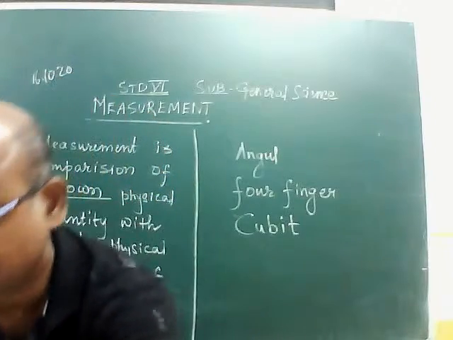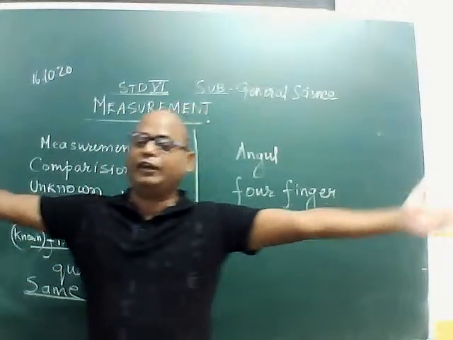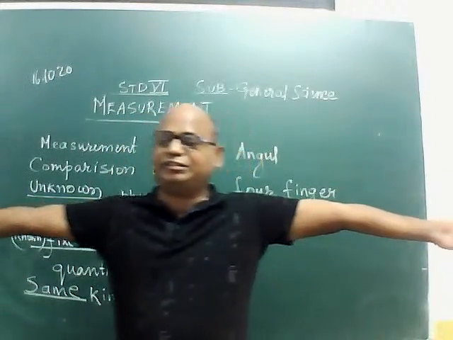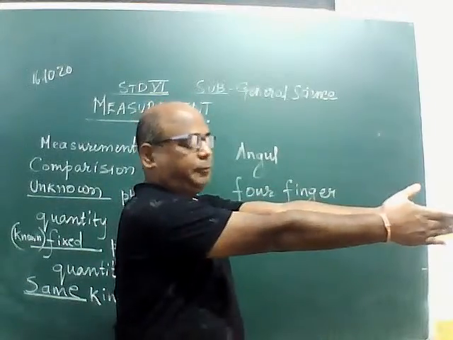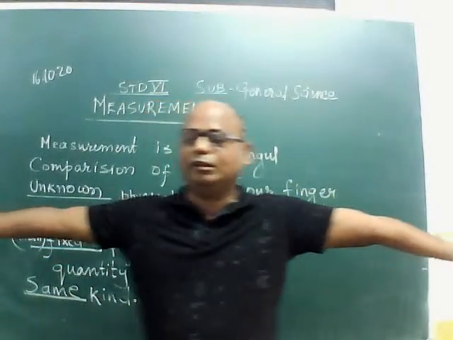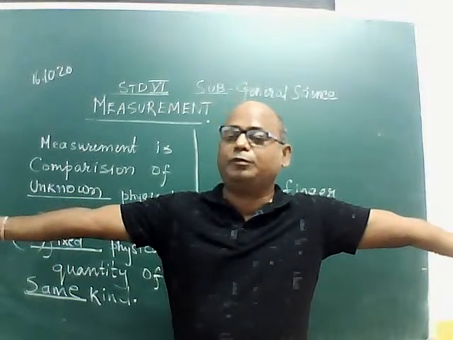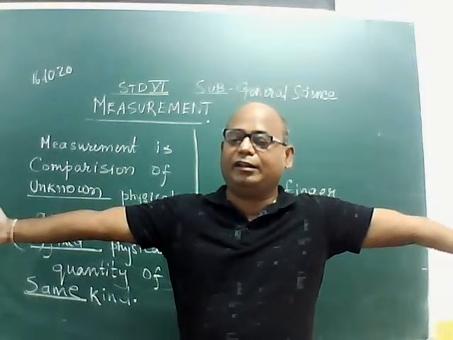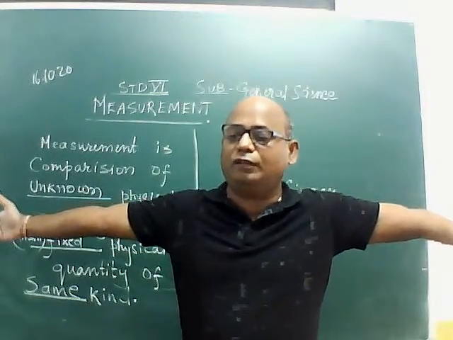Then forearm. If I stretch both my hands like this, from the tip of the middle finger on the left hand to the tip of the middle finger on the right hand, this length is called forearm.